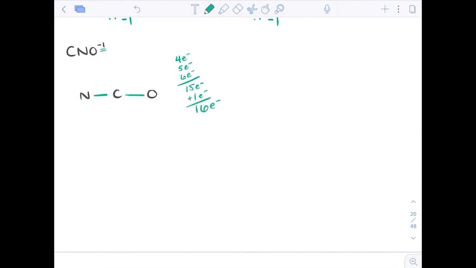2, 4 go into bonding. We make those connections first. 6, 8, 10, 12, 14, 16. Now what we can start seeing is, okay, yeah, we need to make some double and triple bonds. How would I know?